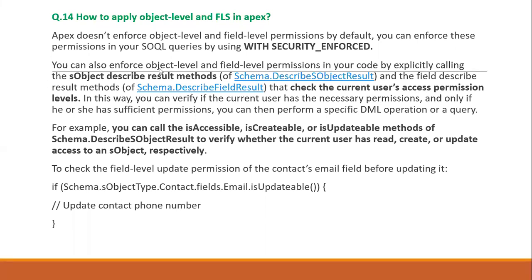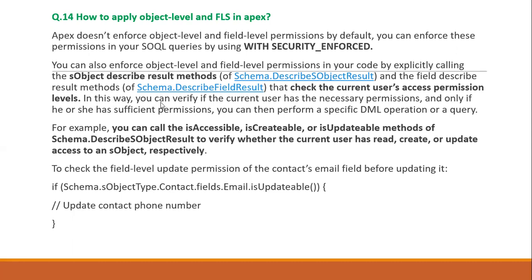You can also enforce object-level and field-level permissions in your code by explicitly calling the object describe result methods of the Schema.DescribeSObjectResult and the field describe result methods of the Schema.DescribeFieldResult that check the current user's access permission level.